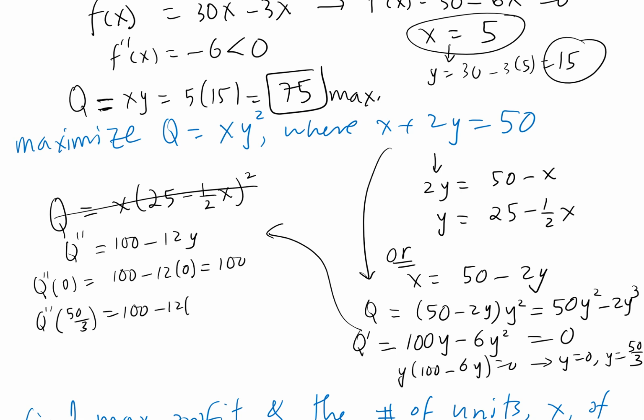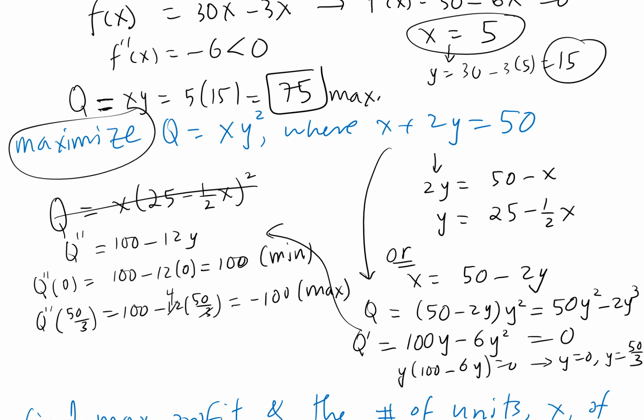At 50 over 3, 100 minus 200, negative 100. So this one, bigger than 0, means concaves up, so there's a min here. There's a max here. It will be maximized because they want us to maximize it. Maximized at y equals 50 over 3.